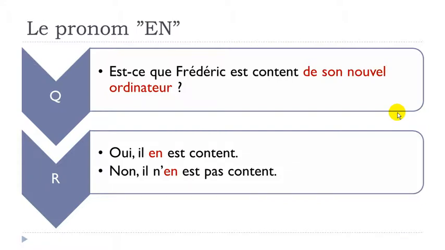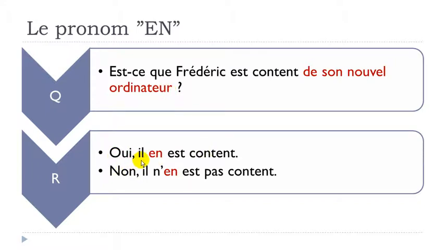You could make a long answer reusing every object or everything in the question, but then in that case we'll try to go a bit faster, and so we don't want, of course, to repeat de son nouvel ordinateur here. Okay, so the concept is that we will use this pronoun en instead.